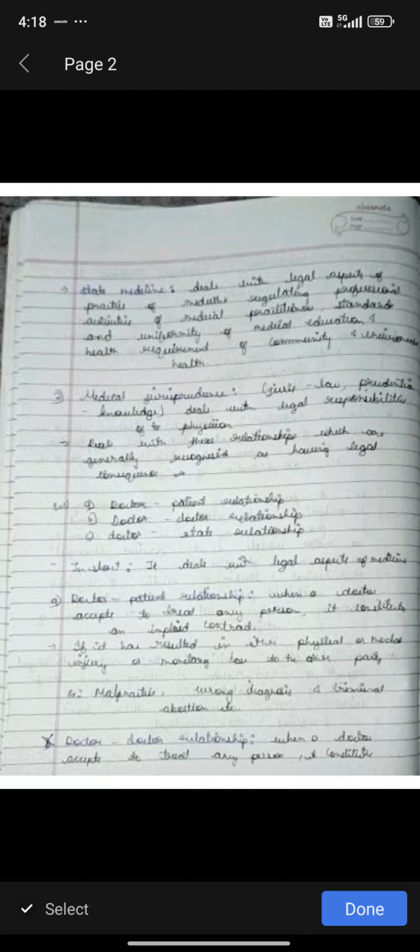So first is the doctor-patient relationship. When a doctor accepts to treat any person, it constitutes an implied contract. It overall means that if a doctor is ready to treat a person, he comes under an implied contract to treat the person and make sure that the person is cured in the best possible way.